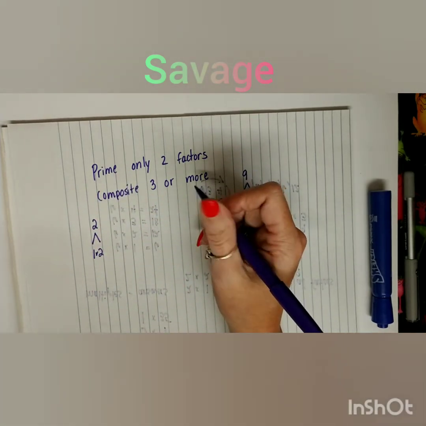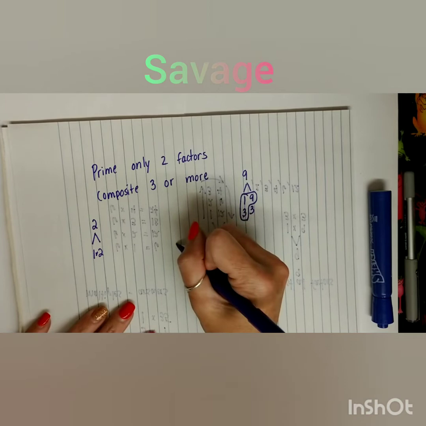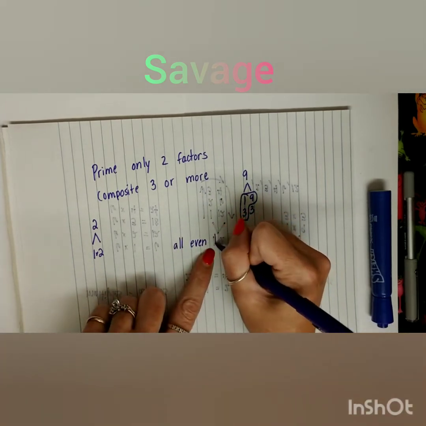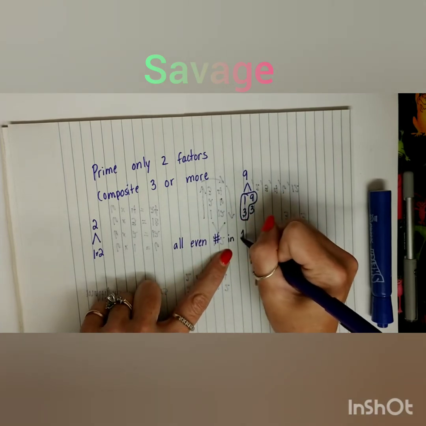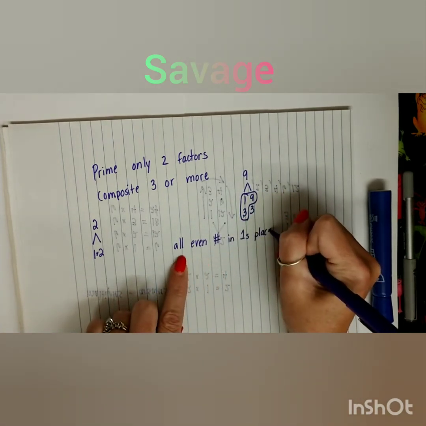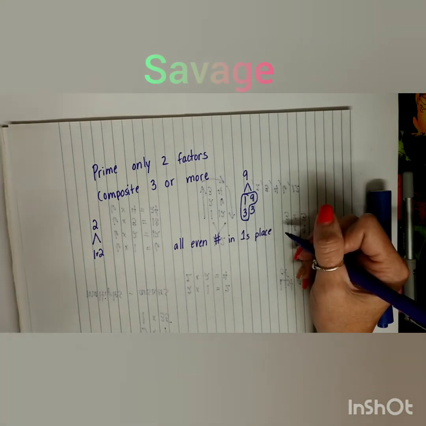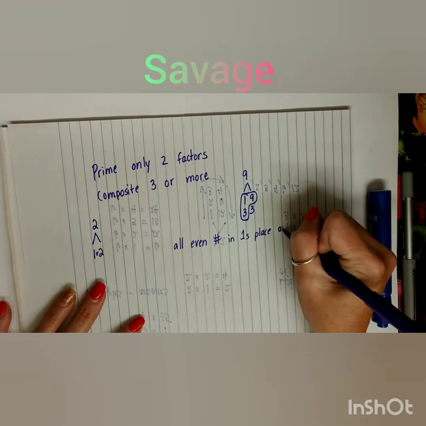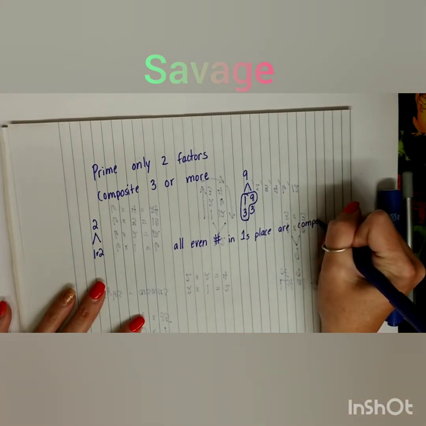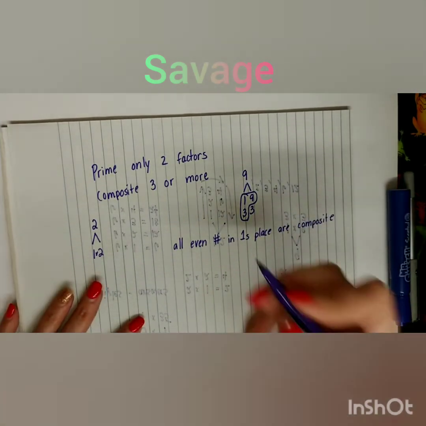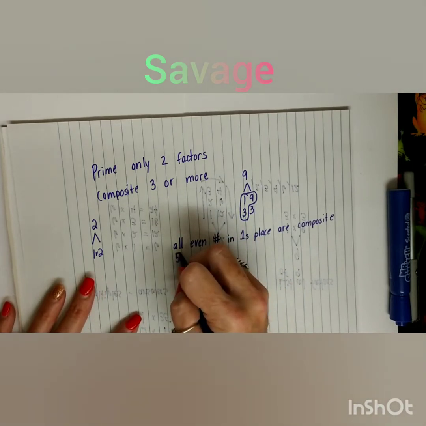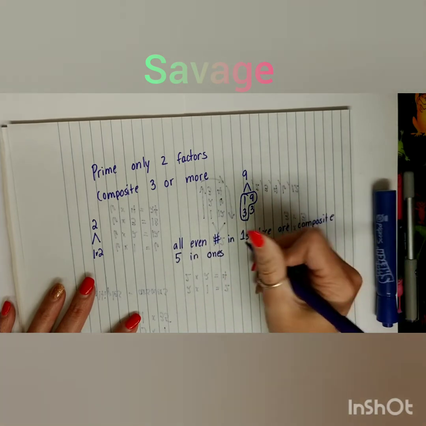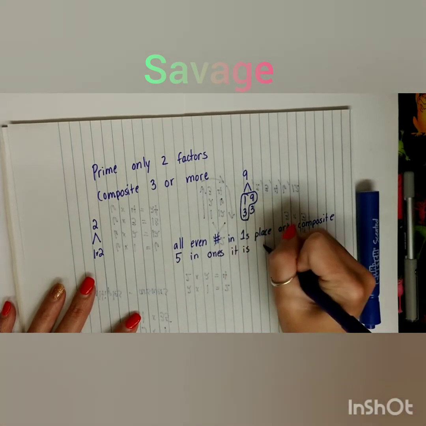Now, some tips to help you. All even numbers, and when I say even, that means even in the ones place, are composite. You don't even need to figure them out. If it's just asking you if it's prime or composite, if it's even, it's composite. If it has a 5 or a 0 in the ones place, it is composite.